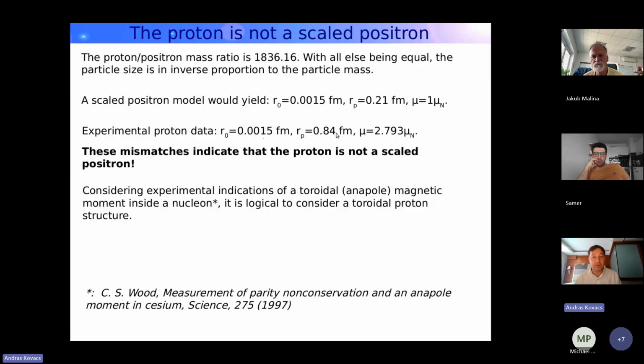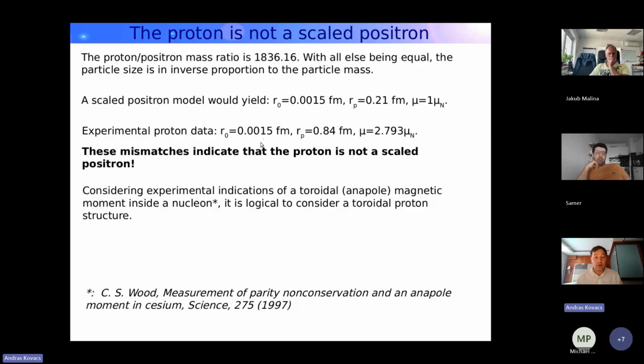Yeah, the RP here, the error bars are also quite small. There is discussion whether it's 0.83 or 0.85, 0.86, but it's only in the last digits, let's say plus or minus 1 or 2. So not big error bars.